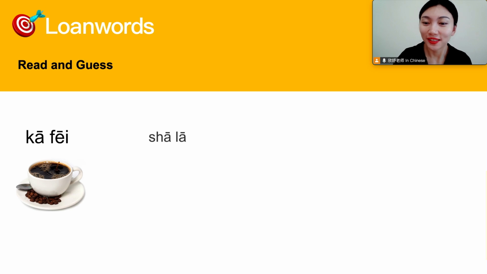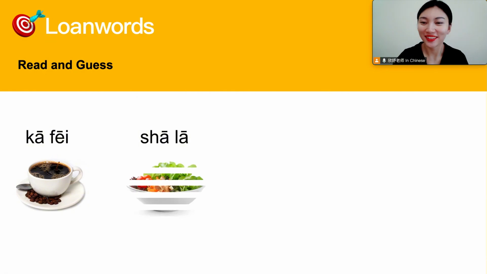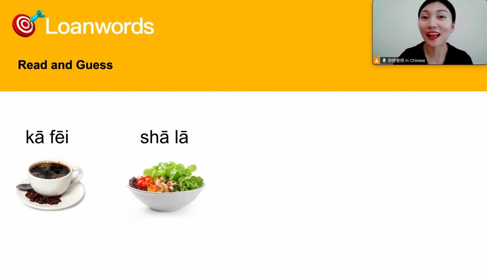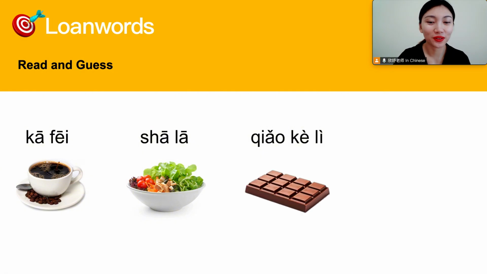Okay, the second one, 沙拉. This word is a little bit hard, but I'll give you a hint. It's about food. 沙拉. And the food color is green, which means salad. Great. And the third one, 巧克力. It's very easy. 巧克力. Very good.